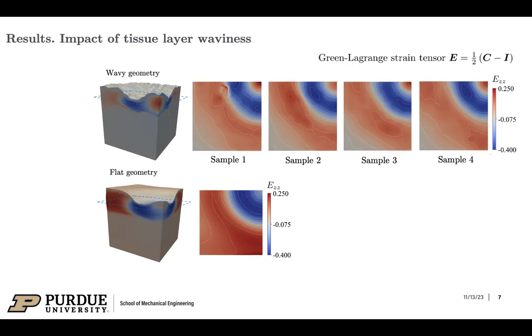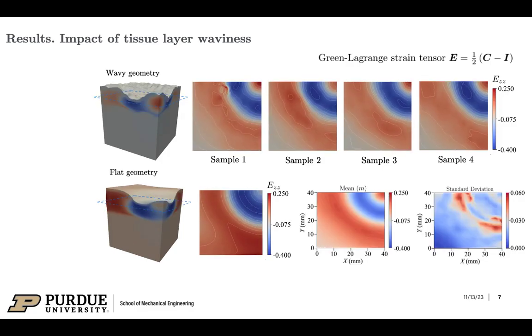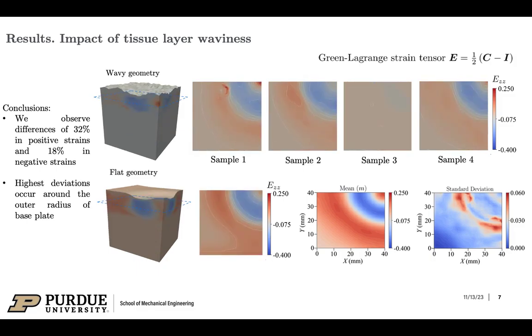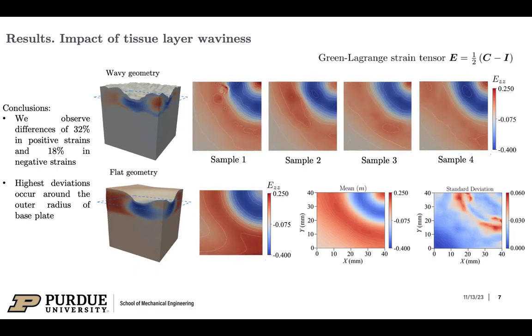We take the different wavy samples and we compute the mean and the standard deviation, and we compare them to a flat geometry. And we observe differences of 32% in positive strains and 18% in negative strains. And the highest deviations occur around the outer radius of the base plate.